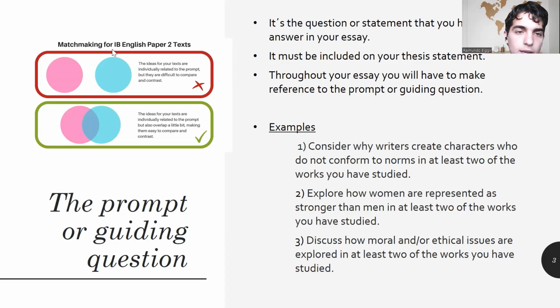Here I set up this image that says matchmaking for IB English Paper 2 texts. The ideas of your text are individually related to the prompt, but they are difficult to compare and contrast. This is very important because the idea is not that you choose the prompt and then you start analyzing one text and then another.